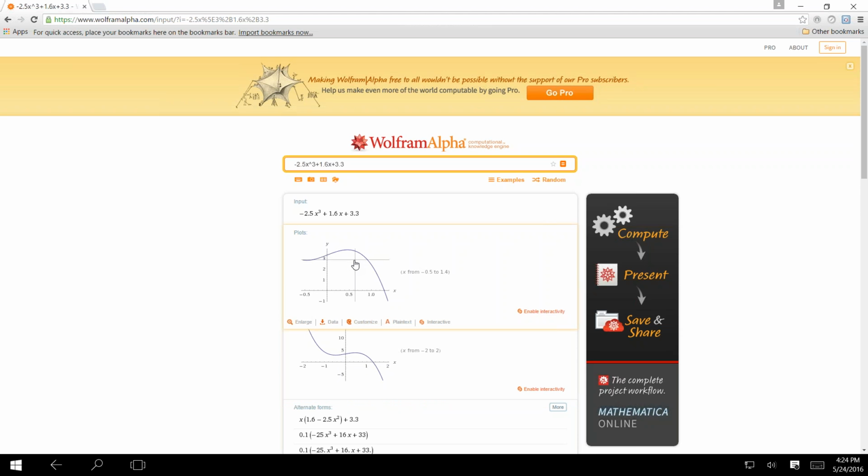The only difference between these two graphs is one is zoomed out and one is zoomed in. So if I want to look closer, I can see where the maximum is, and it appears to be right at x equal 0.5. So that's this point right here, x equal 0.5.